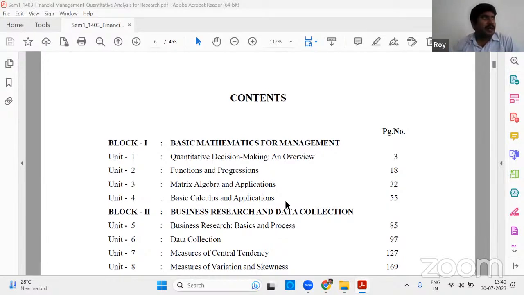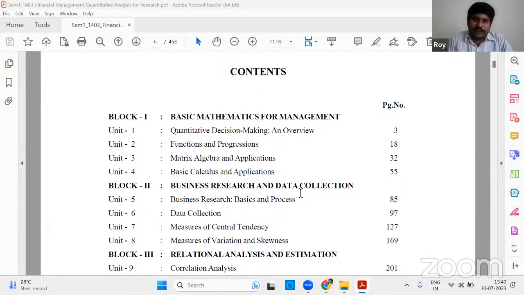Quantitative analysis is a part of that. Quants we learn generally for the calculation. We require some data, some information, some calculation in order to collect the data and to research.